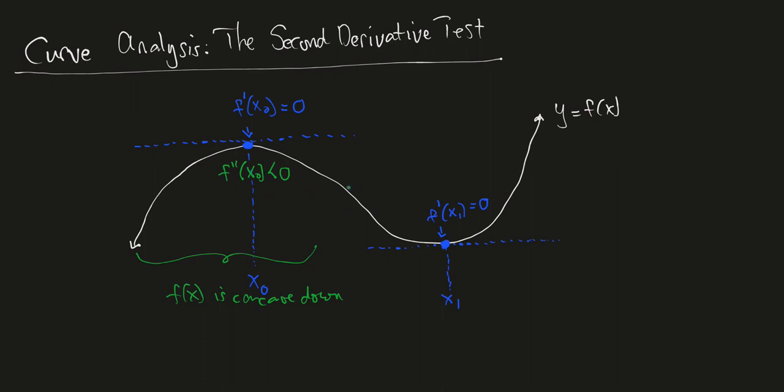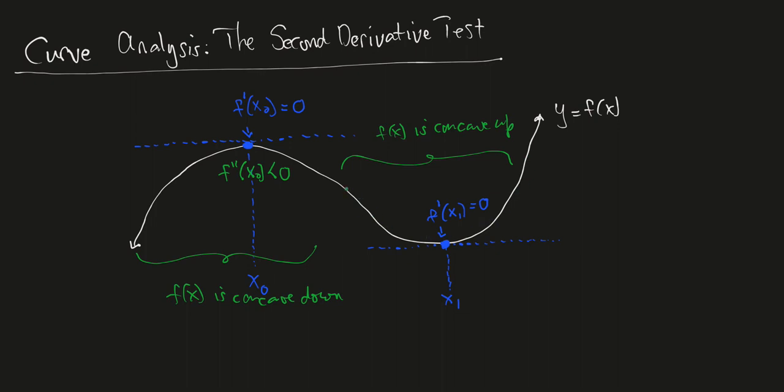Similarly, look at what happens over here. On this portion of the graph, the function is concave upward. So again, roughly over here, our function f of x is concave upward. What do we know about concavity? Concave up, like a cup.